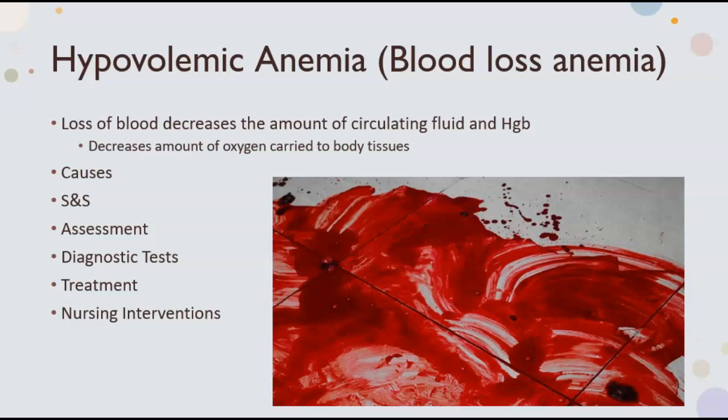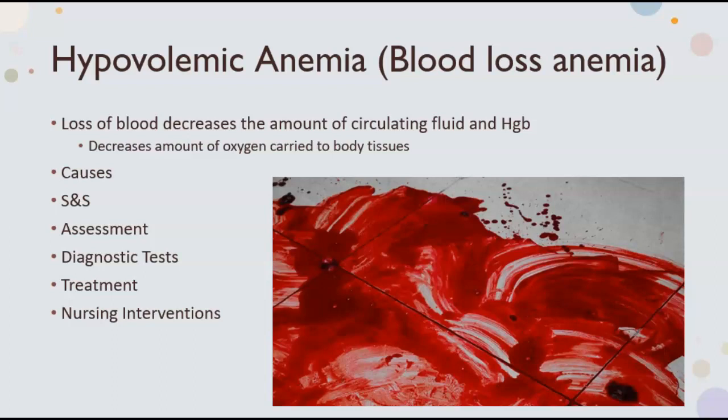Causes of hypovolemia can be internal or external hemorrhage, a surgical procedure, GI bleeding, abnormal bleeding with menstrual cycles, trauma, or severe burns. Signs and symptoms: if it's external bleeding, then you're going to see bleeding, but if it's internal bleeding, you might not see it.